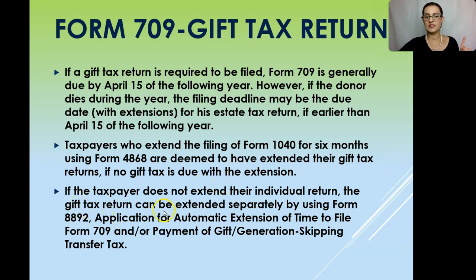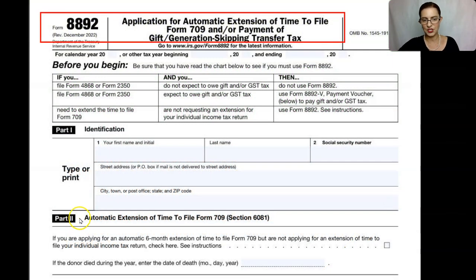However, if a taxpayer does not extend their individual return, or for example, if they don't have a filing requirement at all for their individual tax filings, like if the person doesn't have to file a Form 1040, but for some reason they have to file a Form 709, and you have a reportable gift, then there's actually a separate extension form for the Form 709, and it's Form 8892, application for automatic extension of time to file the Form 709.